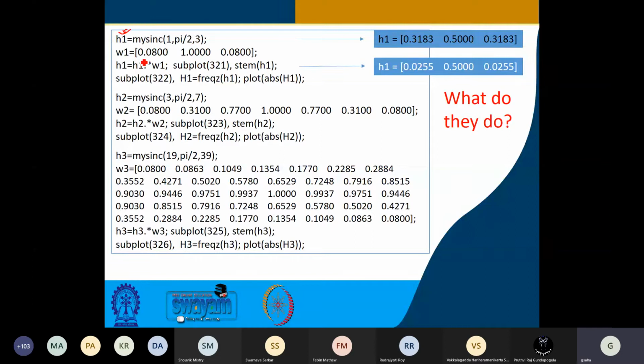Now this is an array where these are 3 values. So 3 values I have mentioned here. The modified filter response is, in this case, in MATLAB, for those who are new to MATLAB, if these are the 3 values that are there, dot star is a command where element by element multiplication is done and stored here. These 2 are multiplied.